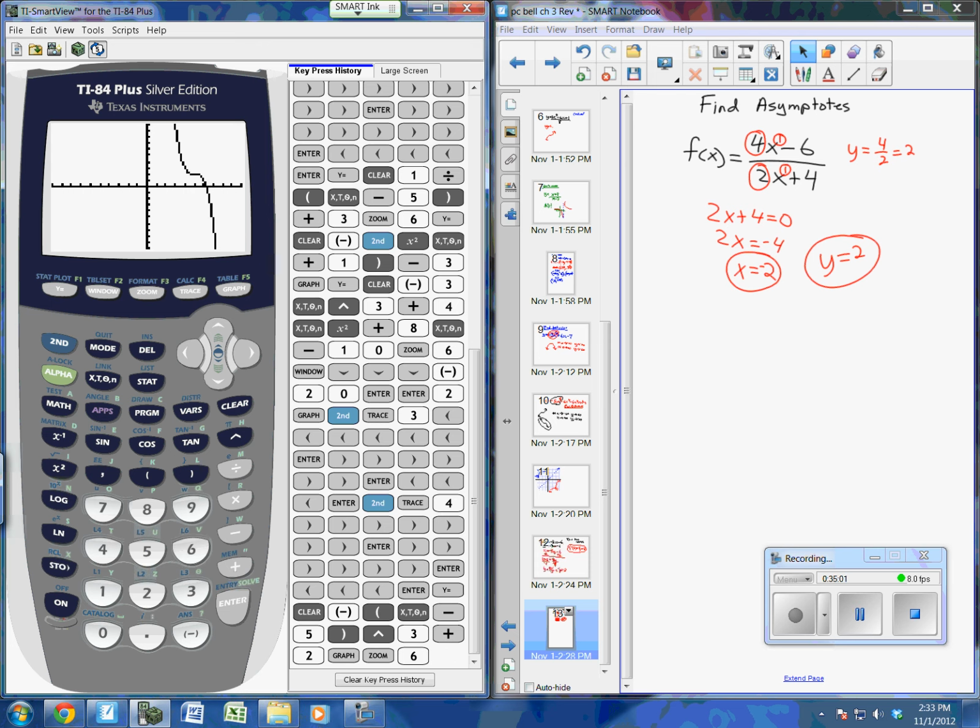You'll want to remember on your test to go to a standard window to view these. Okay? Find the equation of that function. By the way, I'm not going to do any vertical stretches or shrinks. In other words, I'm not going to multiply it by anything. The three types of transformations I'll be doing are horizontal shifts, vertical shifts, and reflections.